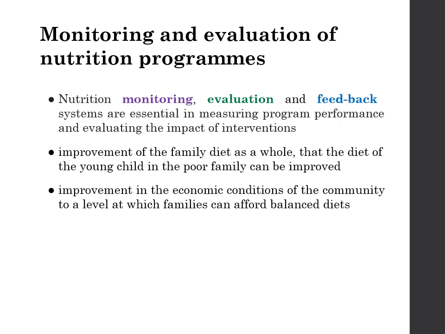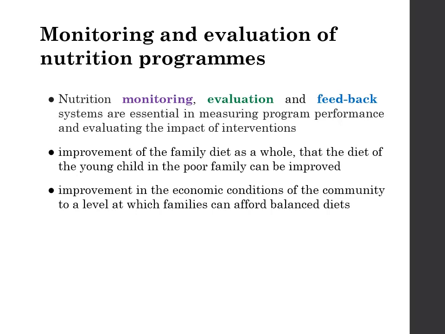Improvement of a family diet as a whole means improvement in the diet of the young child in a poor family. Improvement in the economic condition of the community to a level at which families can afford a balanced diet. These are the objectives or the ultimate aim.